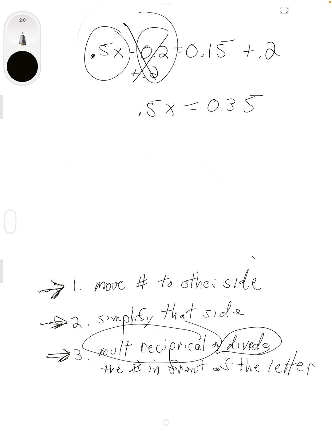Now, to get the answer, just divide both sides by 0.5. Do that on your calculator, and it'll end up being 0.7. Okay, so 3 steps, 1, 2, 3. Always works, every time, and that's all you have to do.